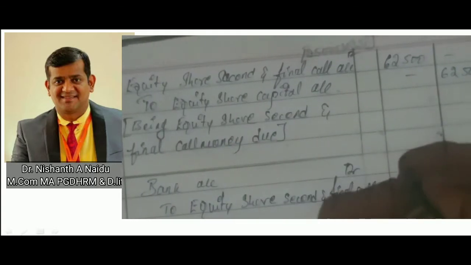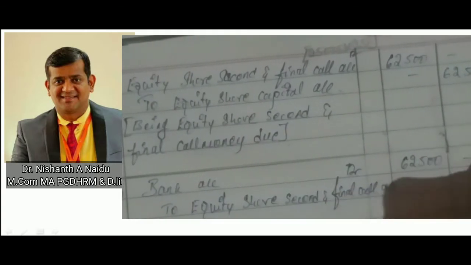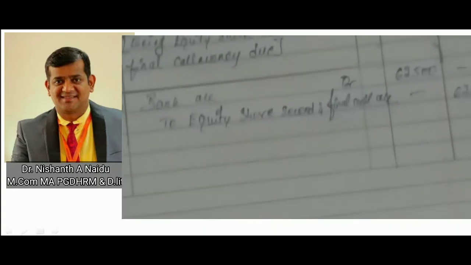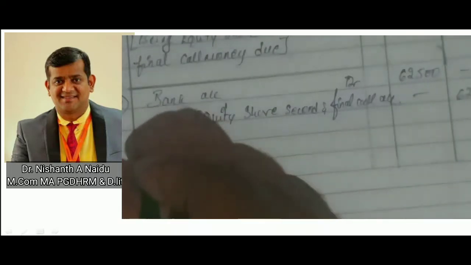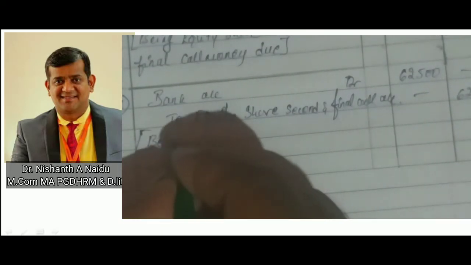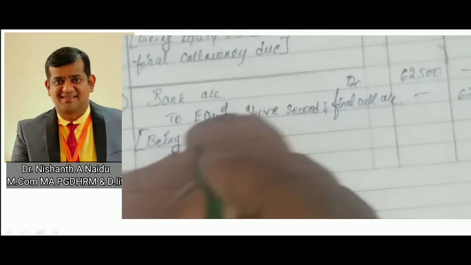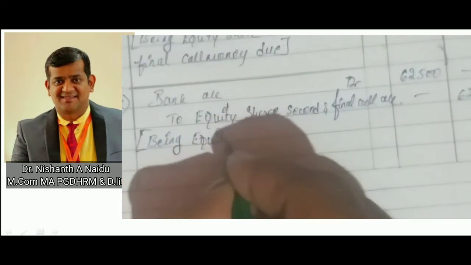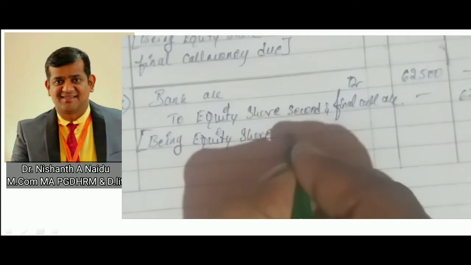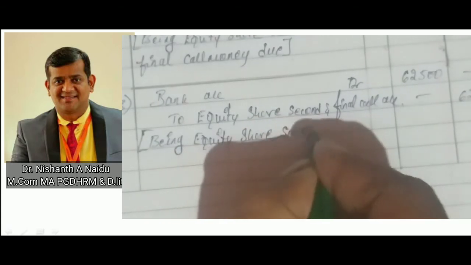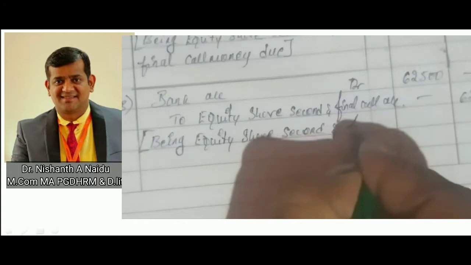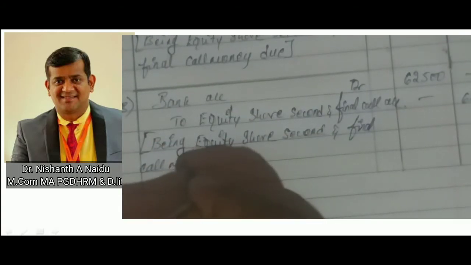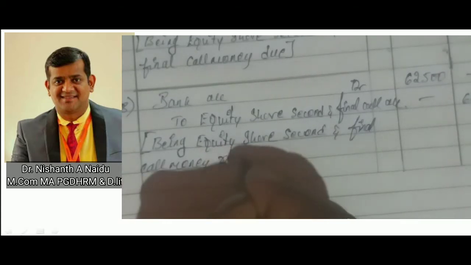The amount remains the same, 62,500. So go to the narration part: being equity share second and final call money received.